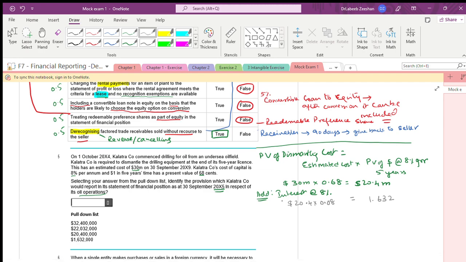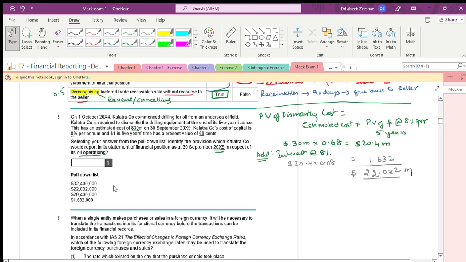Total is how much? 22.032. How much is the answer? 20.22032.